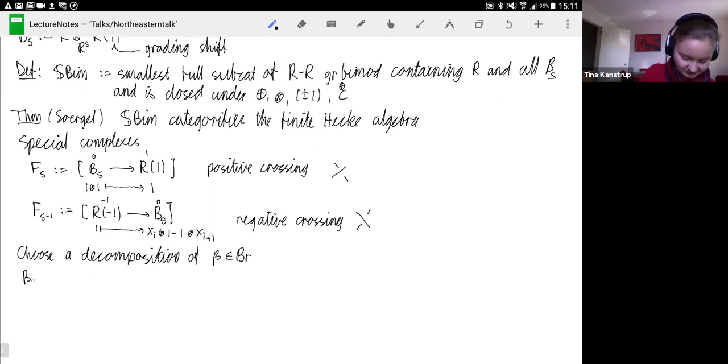Epsilon stands for whether it is positive or negative, and let's say I have k terms. Now I can construct this huge complex, which just takes the tensor product of all of these two-term complexes.